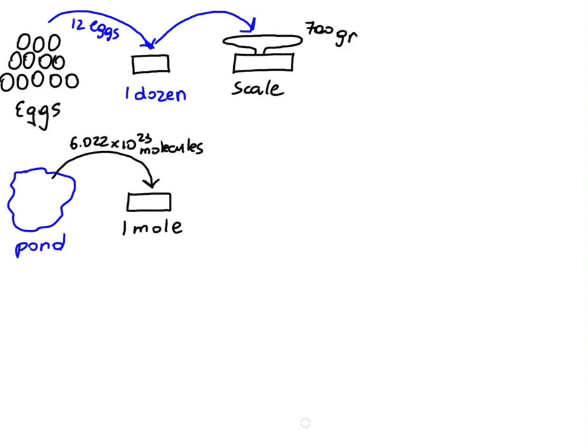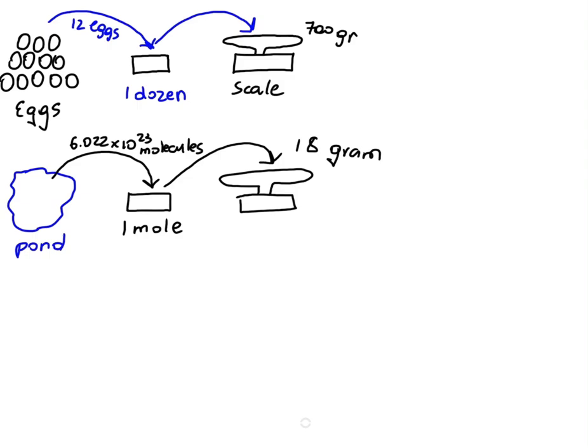And now, when you transfer this again onto the scale to measure the mass, so again we have this scale. When you do it, it's going to be 18 gram. So similarly, just like the top, now you have a pond, and you transfer 1 mole from that pond. It's 6.022 times 10 to the 23 molecules, and that's what we call Avogadro's number. And that many molecules will become 18 gram.